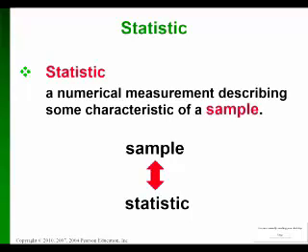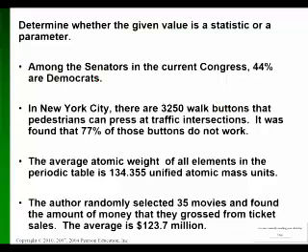Determine whether the given value is a statistic or a parameter. Among the senators in the current Congress, 44% are Democrats. To know whether that 44% is a statistic or a parameter, you need to ask yourself: is that talking about all the senators in the current Congress or part of the senators in the current Congress?